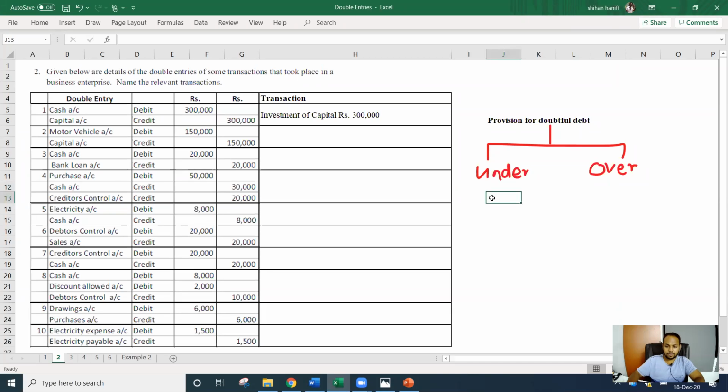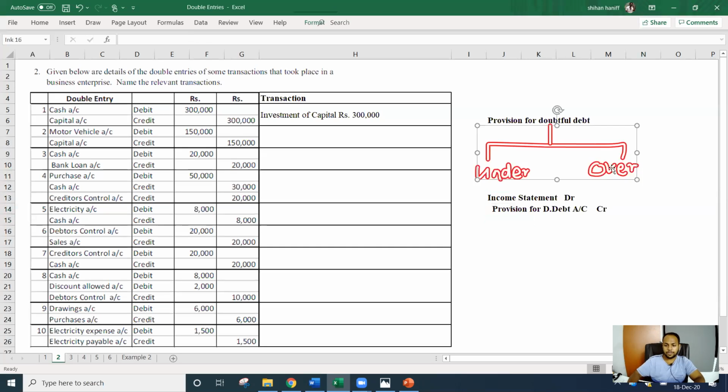The provision is income statement debit, because it is an expense, and provision for doubtful debt account credit. So remember this. Later I will explain the over provision.